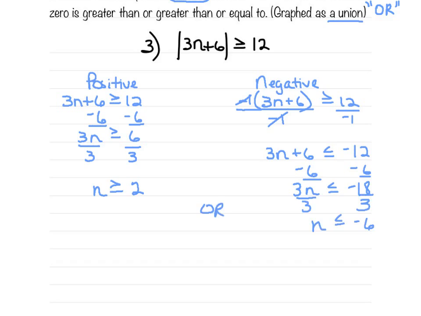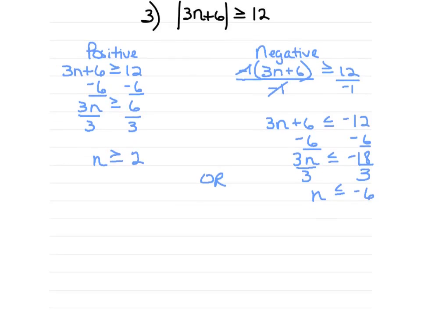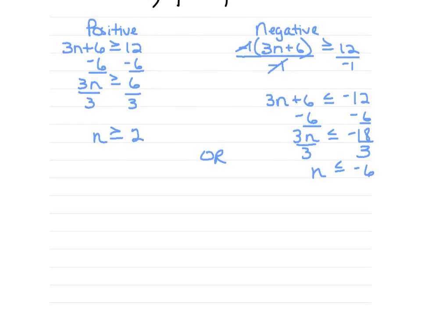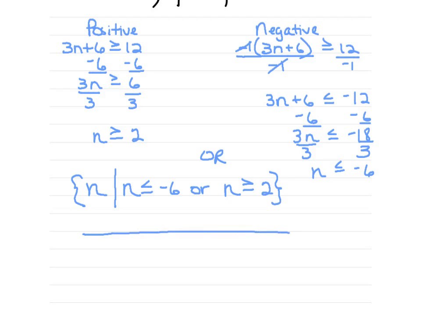Once again, this is an OR compound inequality. So we can say that this is our solution. All values for n where n is less than or equal to negative 6 or n is greater than or equal to positive 2. And let's graph it.